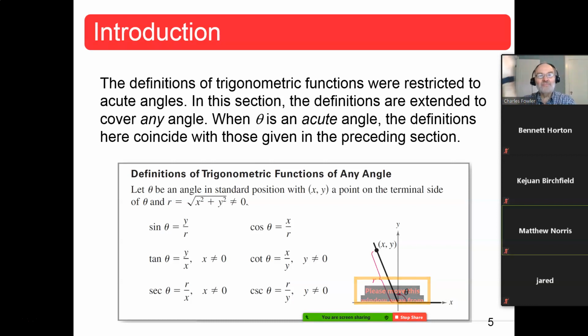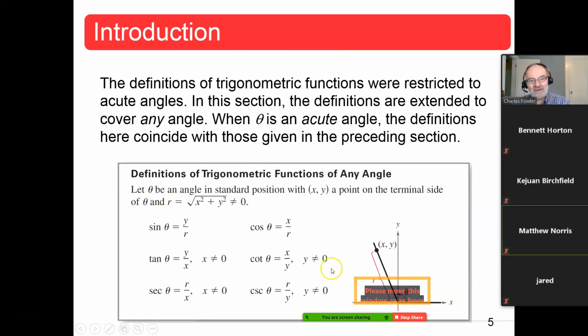However, when you get to obtuse angles, we weren't talking about those before, but guess what? The values are still true. Now, rather than calling them opposite, adjacent, and hypotenuse, which you still can do, they're now going to call them x for the adjacent, y for the opposite, and r for the hypotenuse.